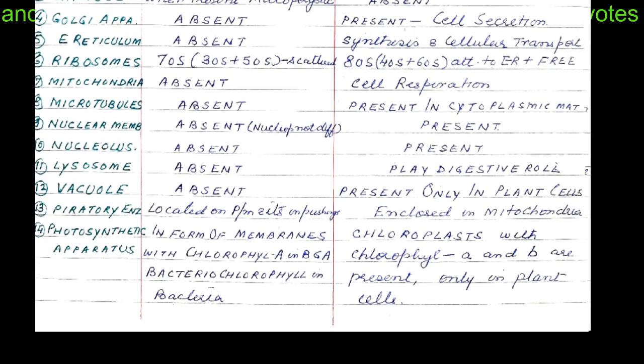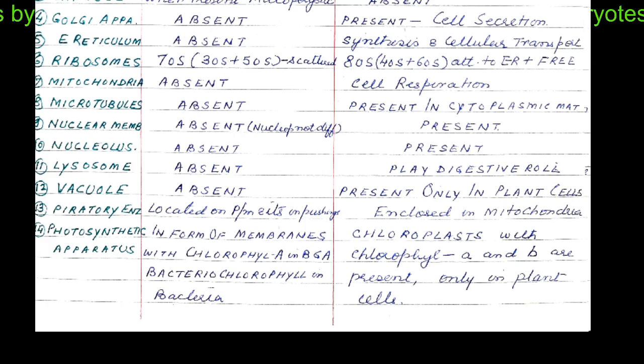The respiratory enzymes are located on plasma membrane, and its inpushing, as I've told you in the early part of this lecture, at the mesosomes. In eukaryotes, the respiratory enzymes are enclosed in mitochondria.